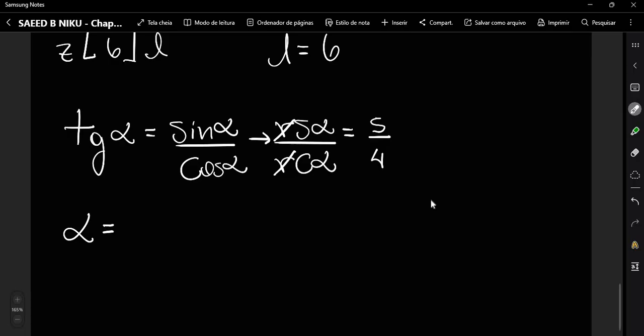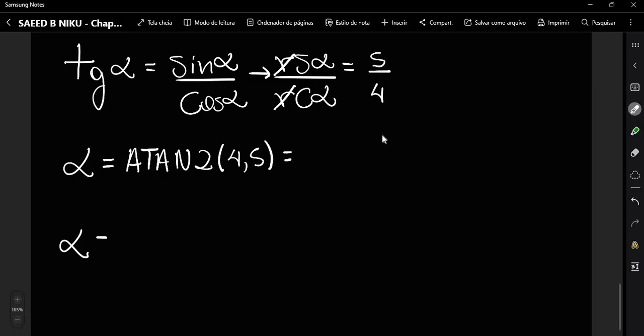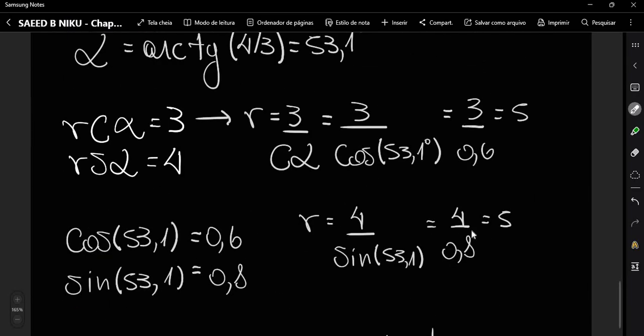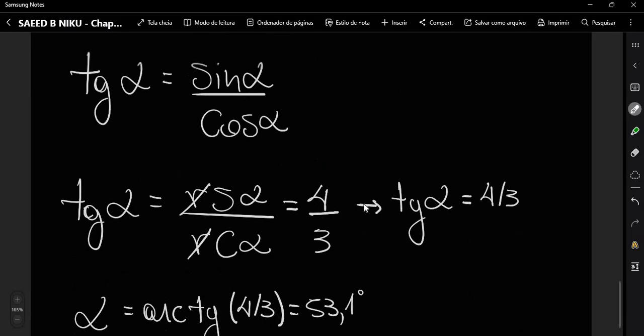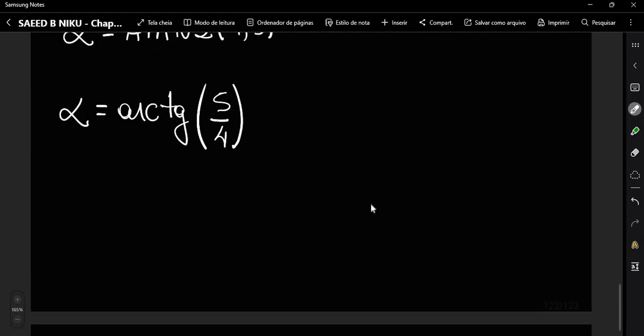So alpha is equal to arctangent, and that is the notation of the book, but we can also use this notation, arctangent of 5 divided by 4. Okay, that's it. Now let's calculate.